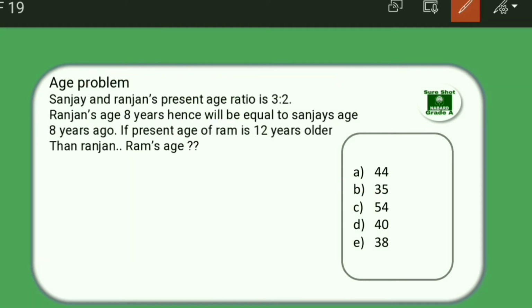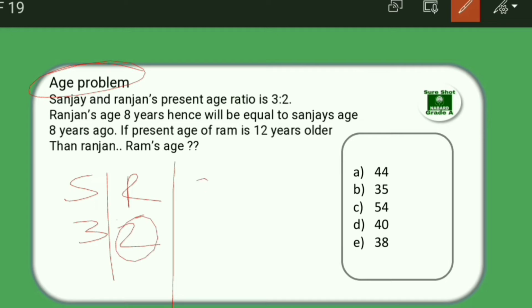Here is the next one, an age problem. Sanjay and Ranjan's present age ratio is 3:2. Ranjan's age 8 years hence will be equal to Sanjay's age 8 years ago. Ranjan's present age is 2x, so 2x plus 8 is equal to Sanjay's age 8 years ago, 3x minus 8.